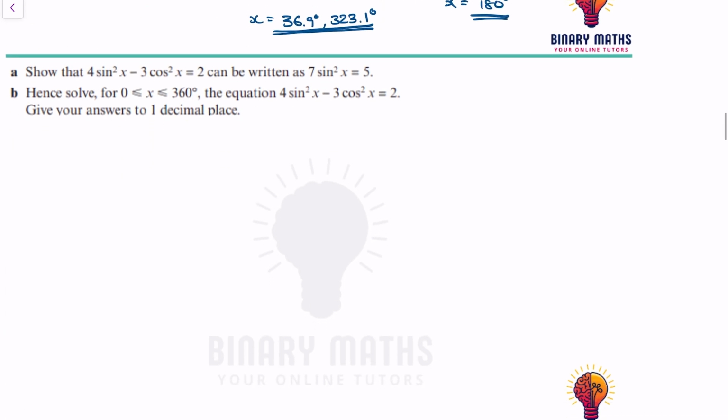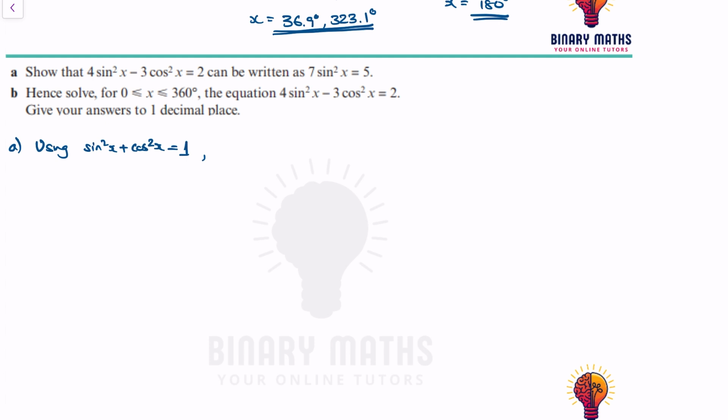Show that 4 sine squared x minus 3 cos squared x is equal to 2 can be written as 7 sine squared x is equal to 5. Because we're eliminating cos squared from the original equation, we use the first identity, sine squared x plus cos squared x is equal to 1.